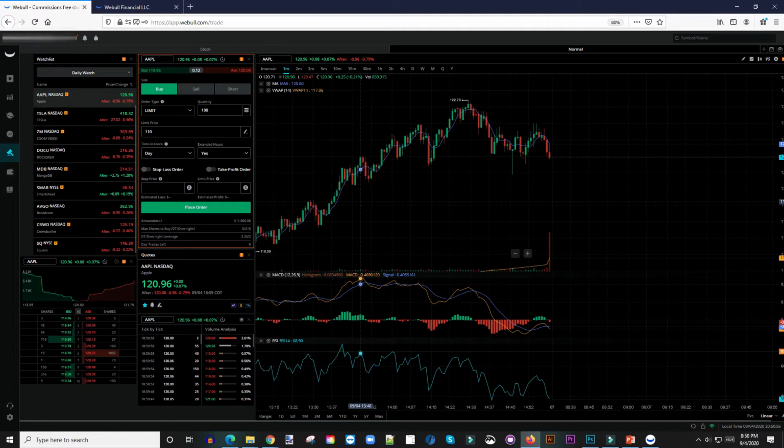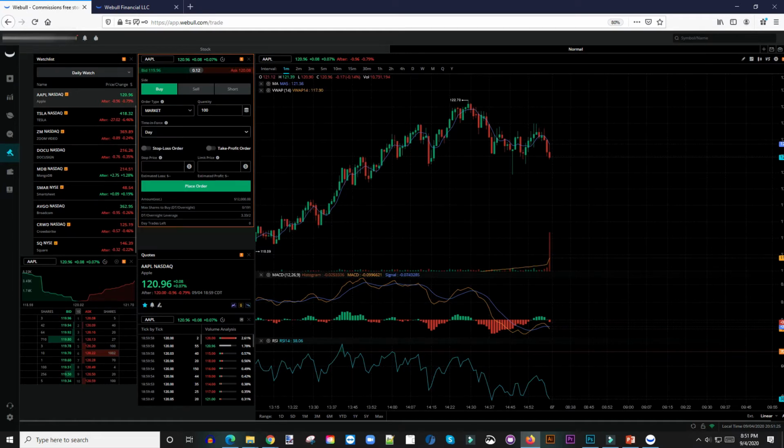But if I switch it to good till cancel, and the market closes at 3 o'clock, that order is still an active order. And if, during the placement of that order, I selected yes under extended hours, and under extended hours the price drops to, say, 119, then that order would be executed and it will be good to go, which is awesome.